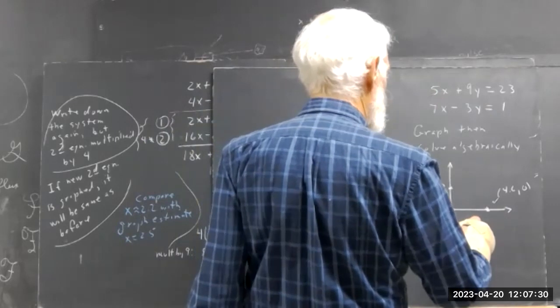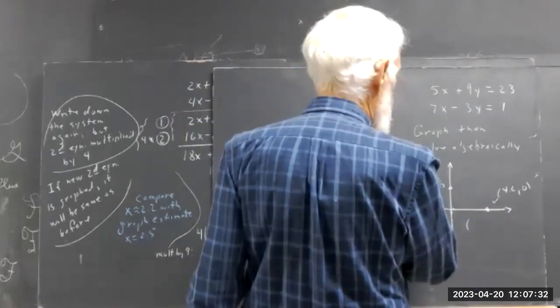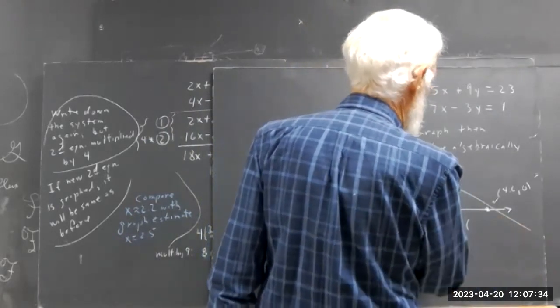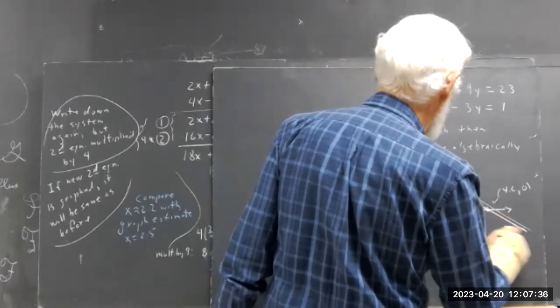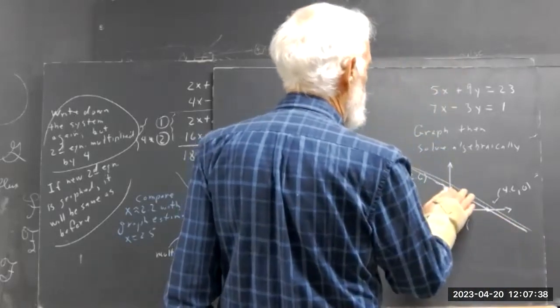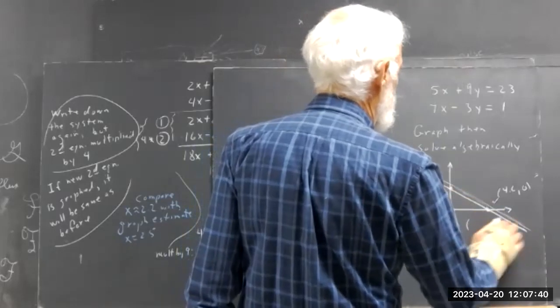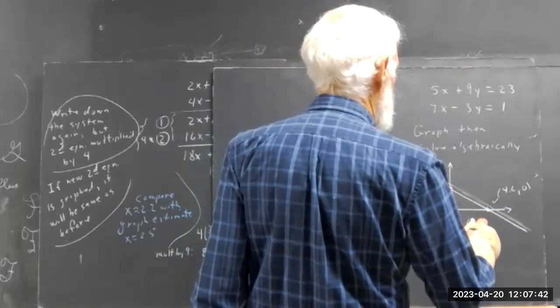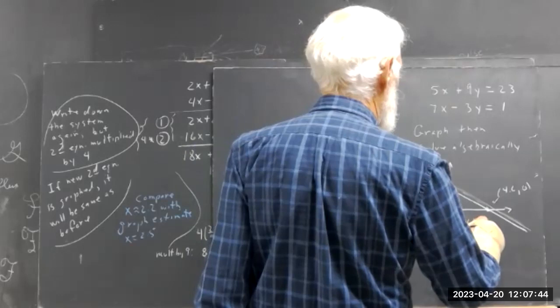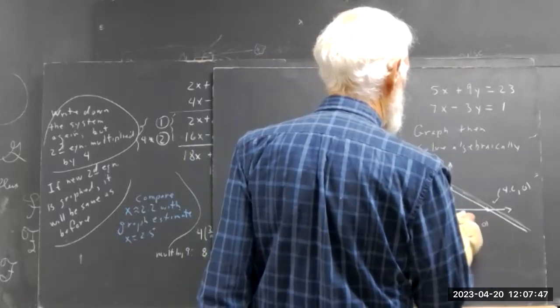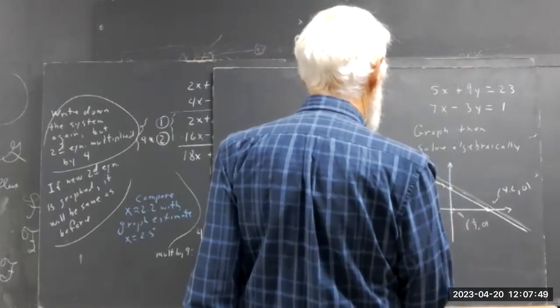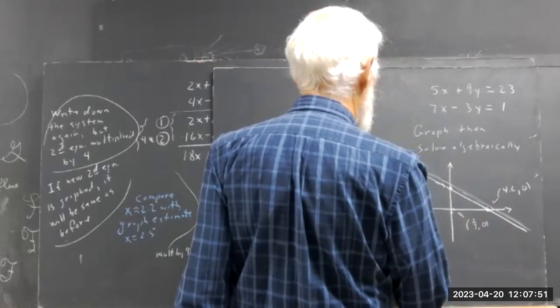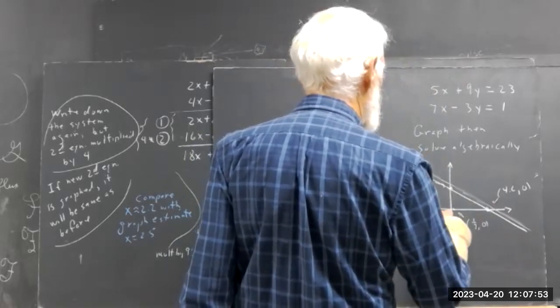So we would have the points 1/7, 0 and 0, -1/3.